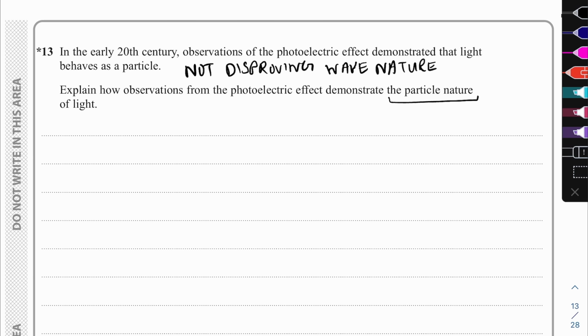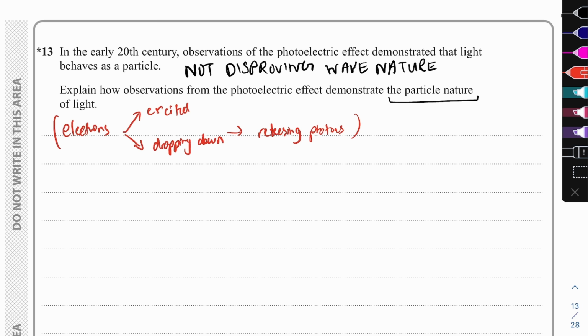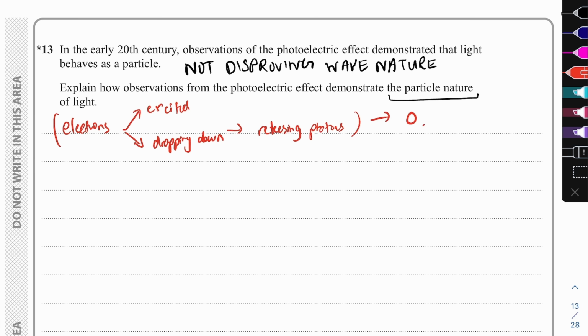So if you mention anything about electrons being excited, falling down, exciting, dropping down, which results in releasing photons, that is not relevant. So all of this will give you a 0. This is a 6-mark question. So we need to be very careful on what we're talking about.